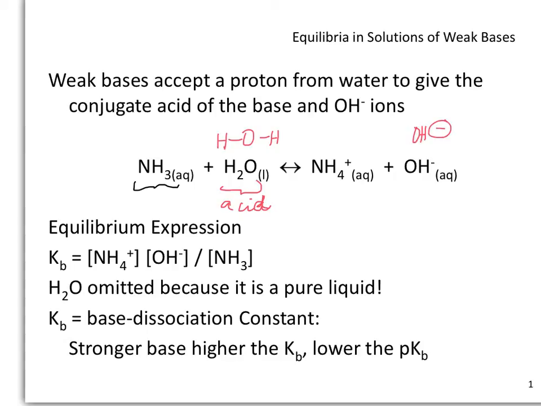And so when you compare the two species, you can say that it is one proton short, which is why we are saying that water is going to behave as an acid and ammonia is going to behave as a base.